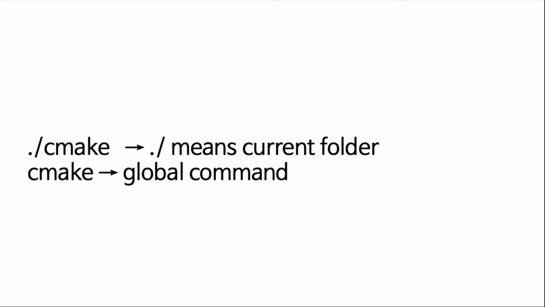Otherwise, Linux cannot recognize it. That's why you cannot launch cmake by just typing cmake. Now you always have to use ./cmake, and it only works where cmake is installed.